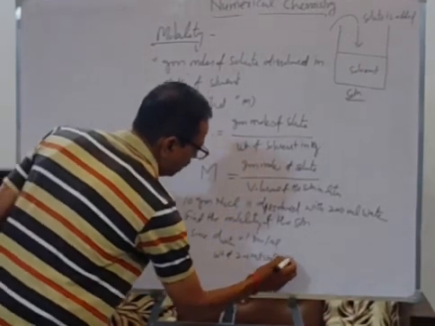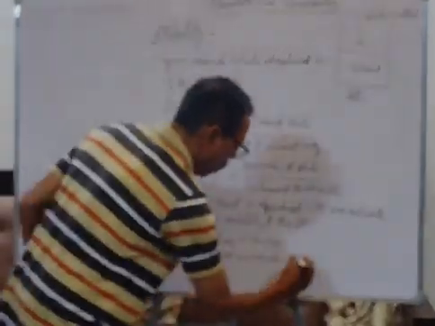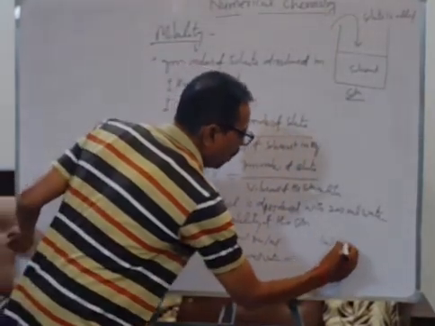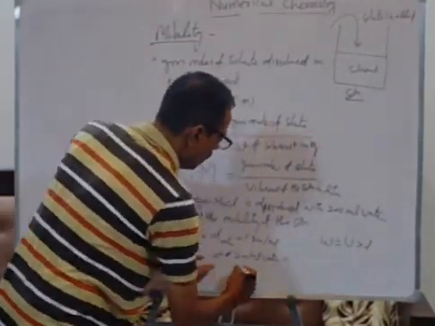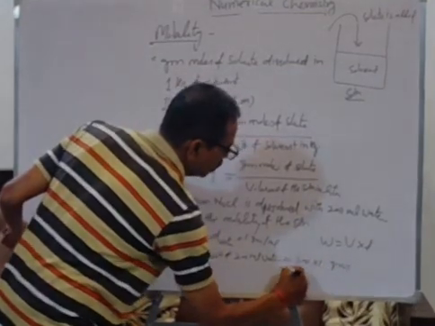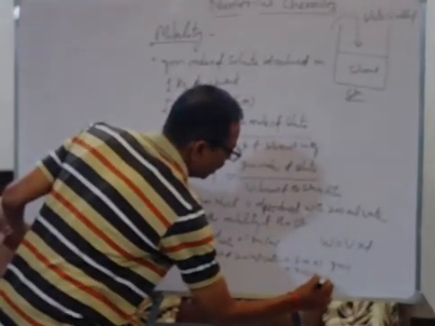200 ml water means volume, weight equal to क्या? The weight equals volume into density. So the volume is 200 and density is 1. This is the gram. So this will be 200 gram.